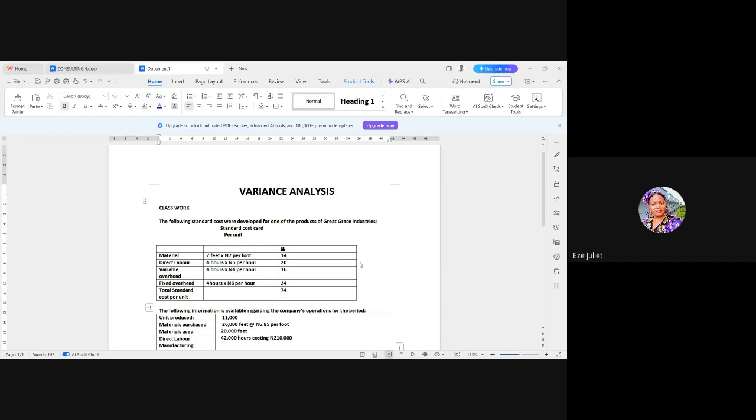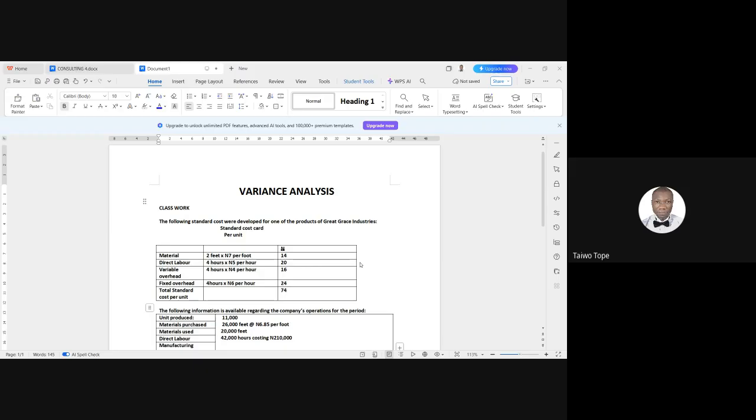Standard variable rate minus the actual variable rate, in relation to actual hours.